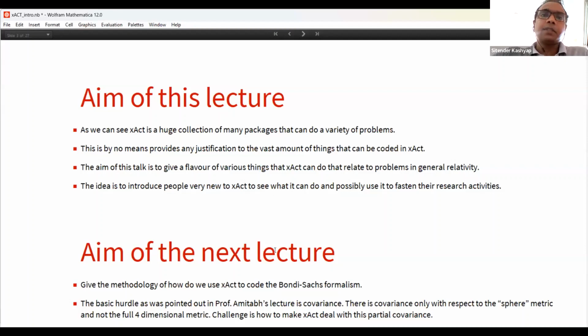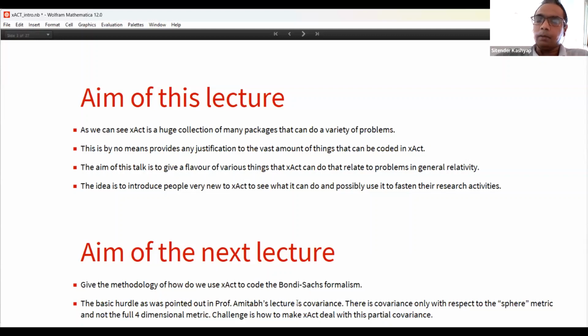The aim of the next lecture, which is the main lecture, is to give a methodology of how to use xAct to code the boundary Sachs formalism that Professor Amitabh Virmani introduced in the morning session. The basic hurdle, as was pointed out in Professor Virmani's lecture, is the issue of covariance, because the full spacetime is four-dimensional, and we are restricted to two-dimensional indices, for example.